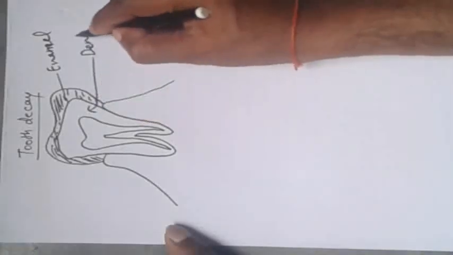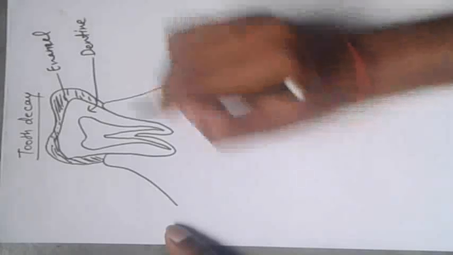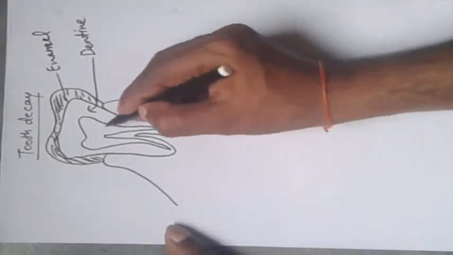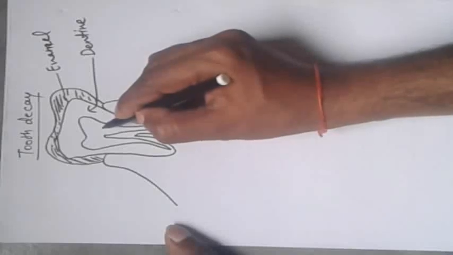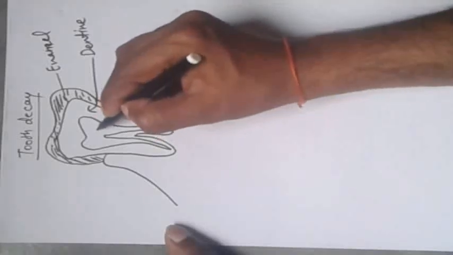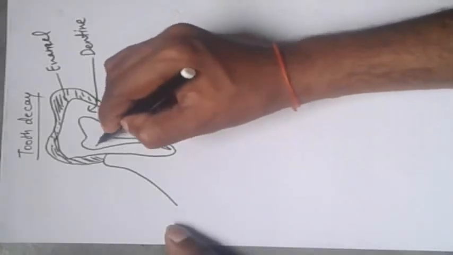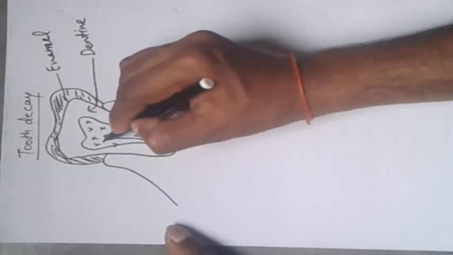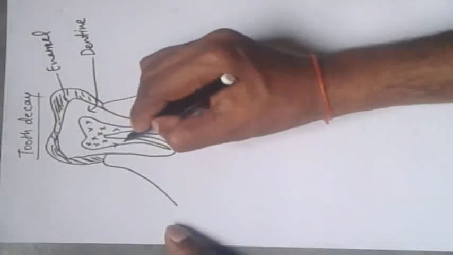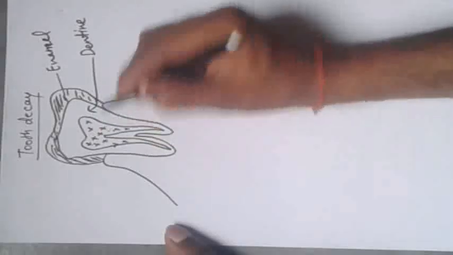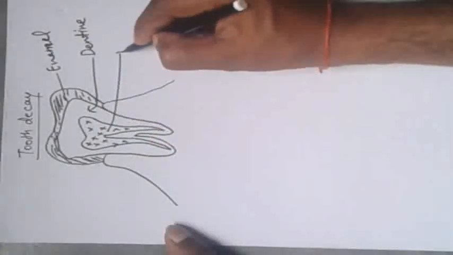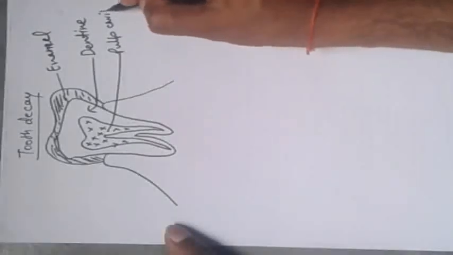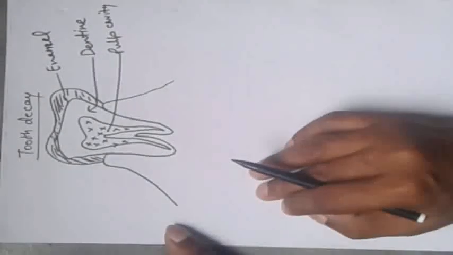It is called dentine, and below the dentine a cavity is present. This is called pulp cavity.